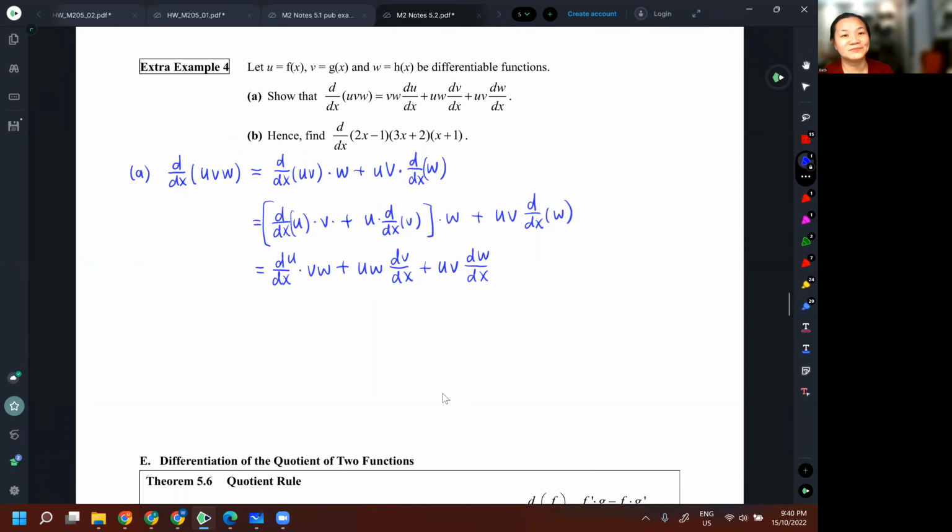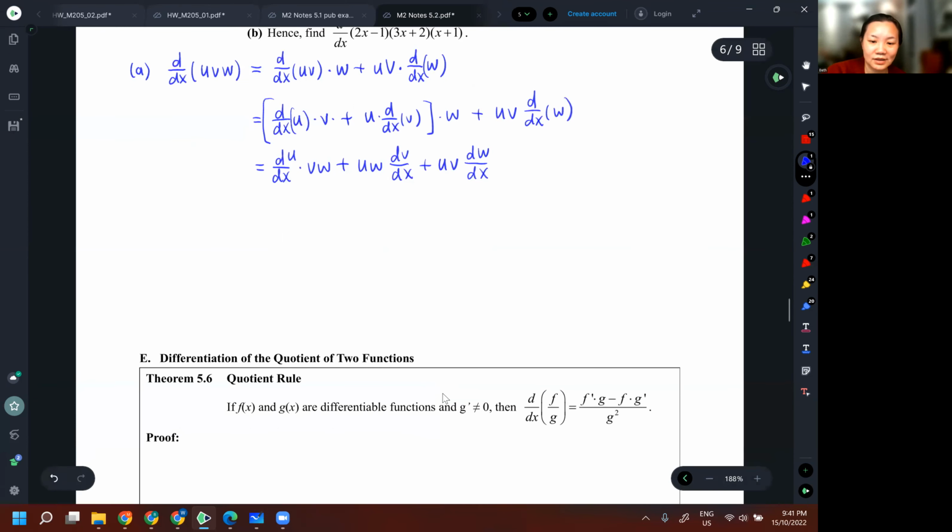Do you see? So if you have three functions and they multiply and then you want to find the derivative, it's very similar to the other product rule you just learned. You just take each factor, you derive each factor, and then you multiply the rest, and you do that to every factor, and then you're done, okay?